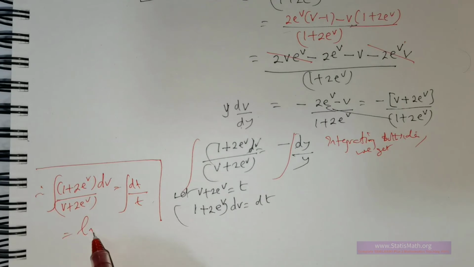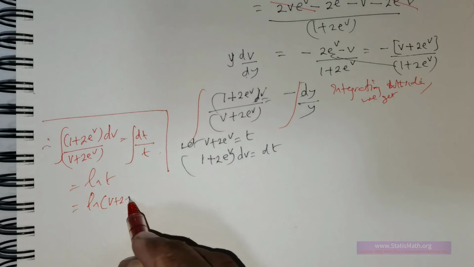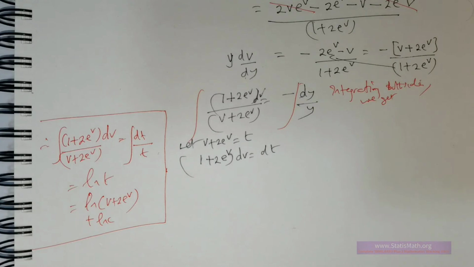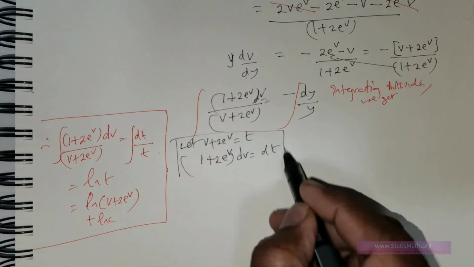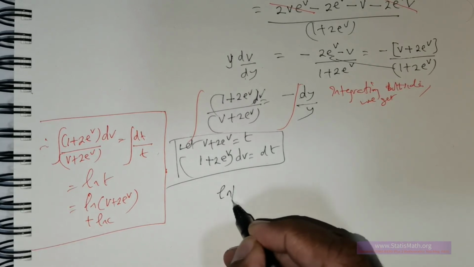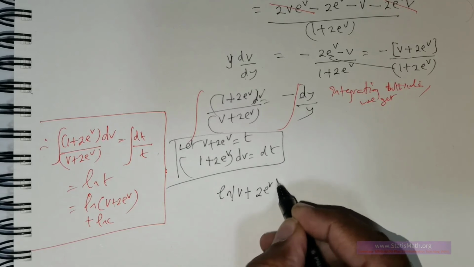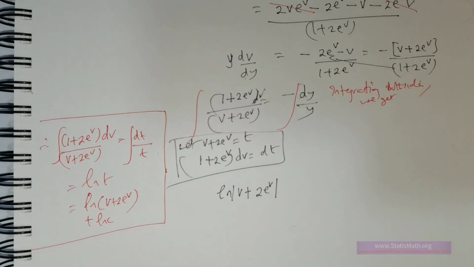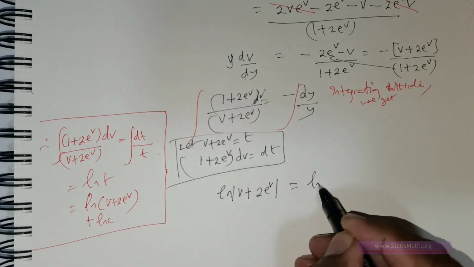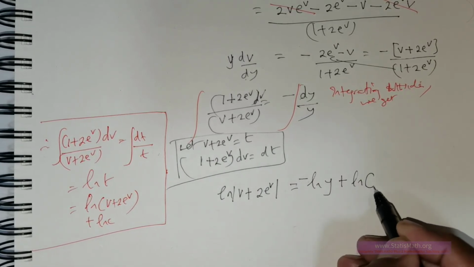So this is going to give me ln of t, which can be rewritten as ln of v + 2e^v. Of course I have a constant c, and using this information over here, I would get ln of |v + 2e^v|. Now I don't have to place the arbitrary constant on the left side, I would place it on the right side. So this is followed by negative ln y, plus ln c.